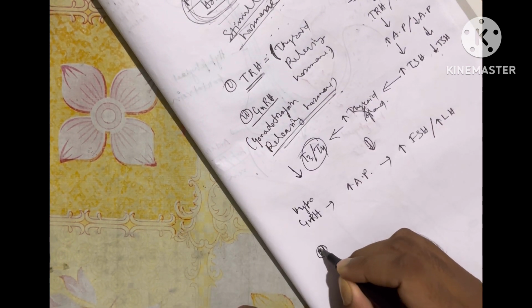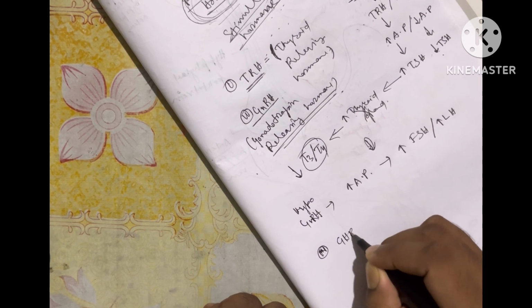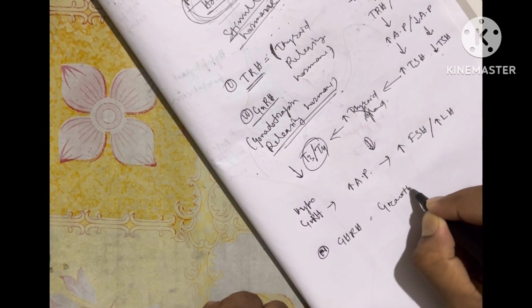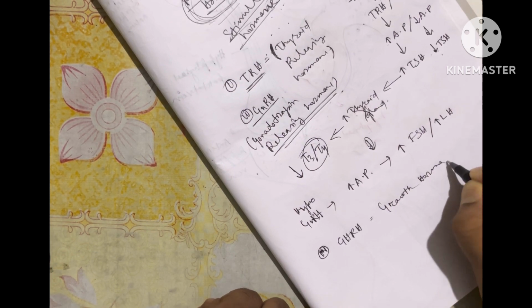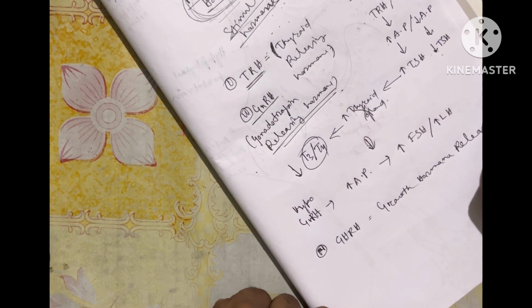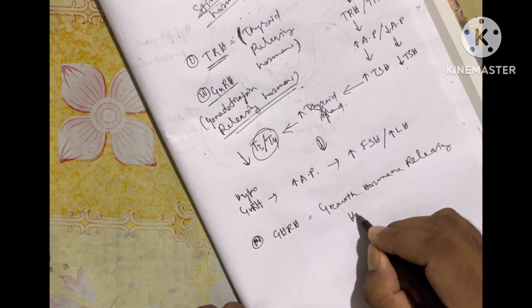Third one is GHRH. This is the growth hormone releasing hormone.